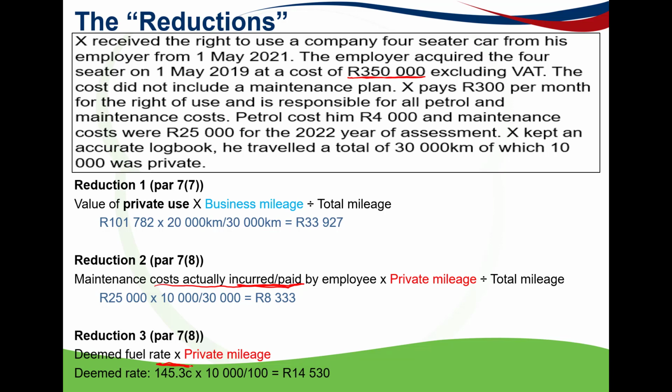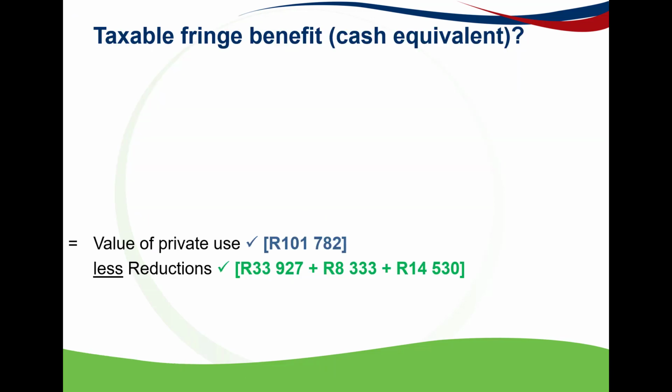What is also different is that we don't divide by the total mileage as we did with the maintenance cost. So you just multiply the cost per kilometer with the private mileage, and you will get to your fuel reduction cost thereof of 14,513.